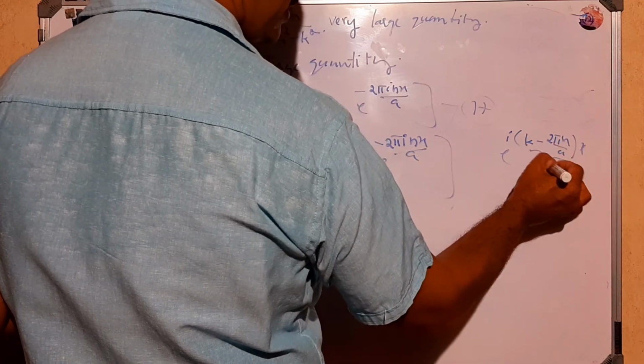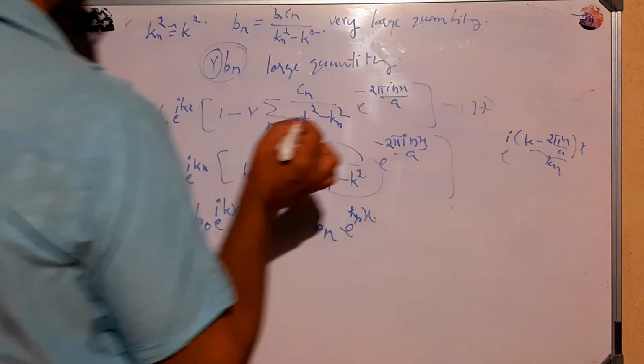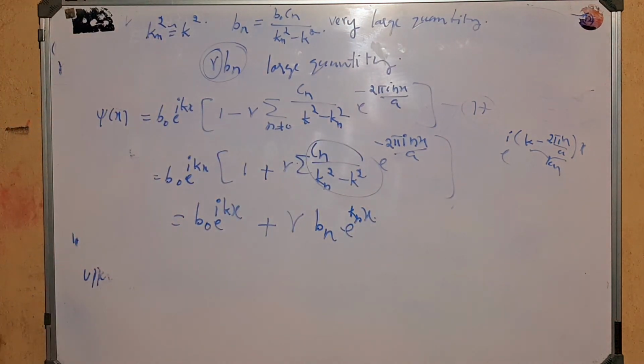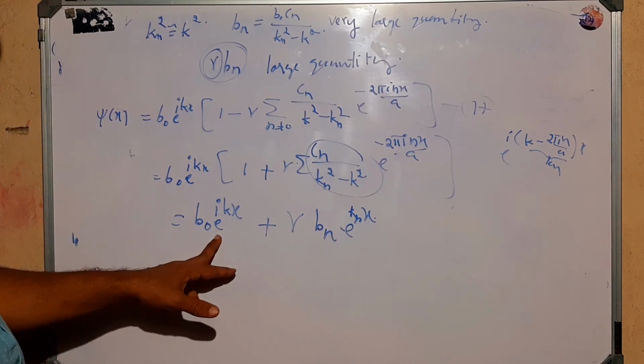This is nothing but kn, so I can write this as knx.